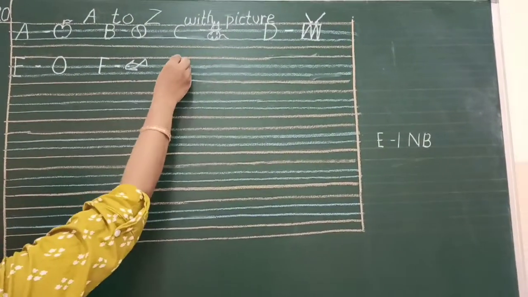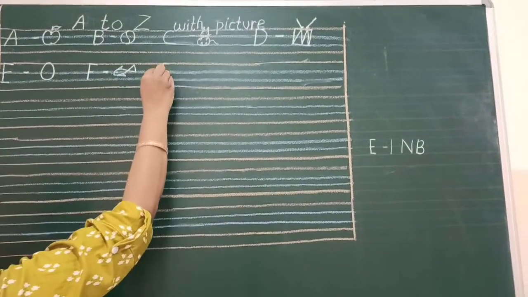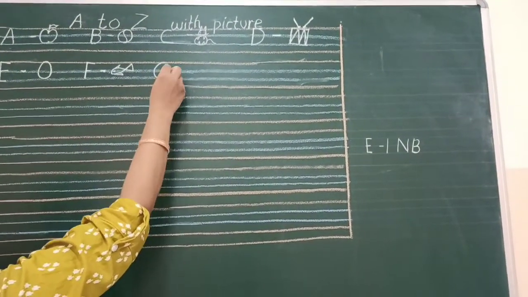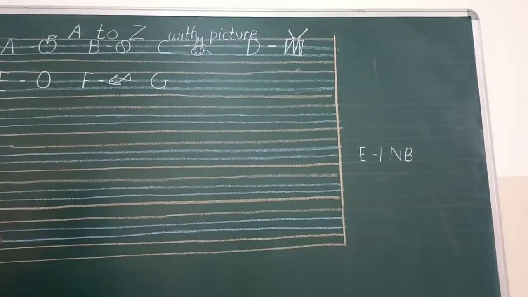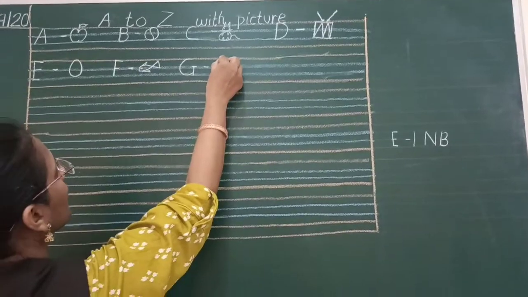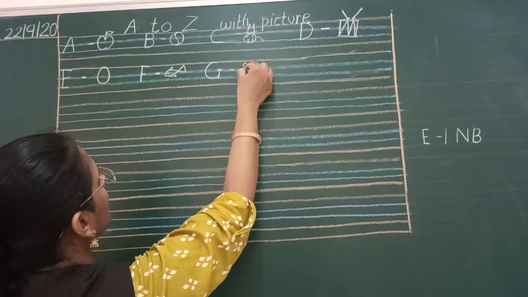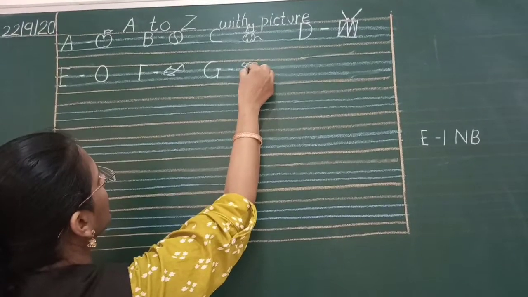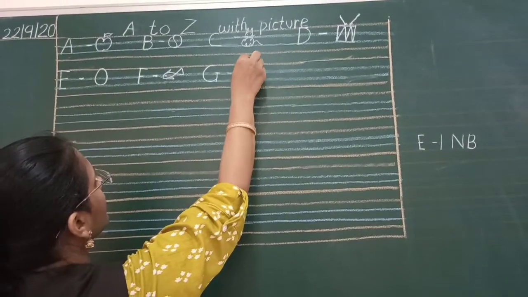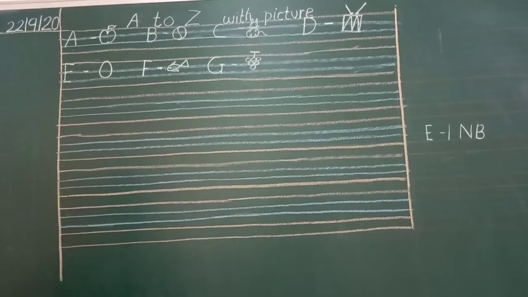Then here E, F, yes, G, capital alphabet G, and G is for grapes. So small circles, join them together, and one standing line and one slipping line. G is for grapes.